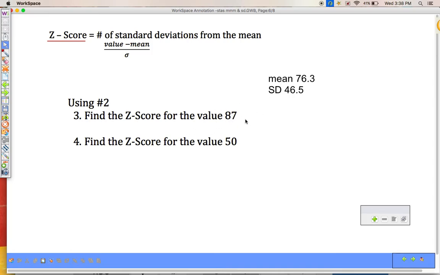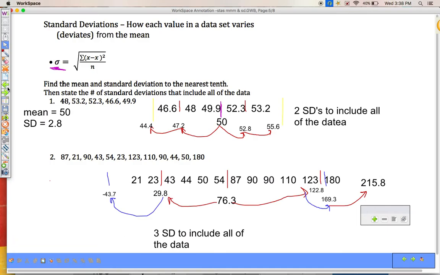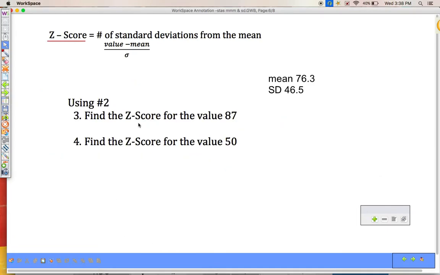So I'm looking for how many standard deviations 87 is away from the mean. That's what we're trying to find. All right, so our math. The number of standard deviations above the mean.